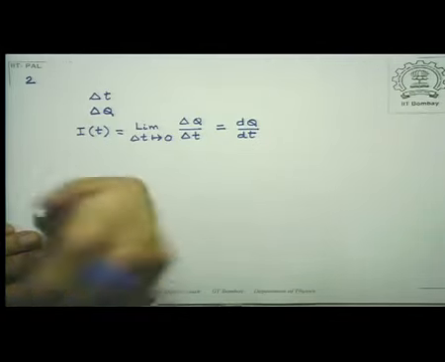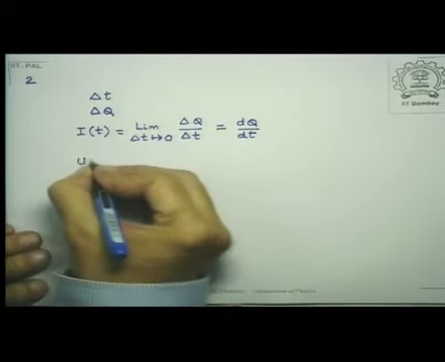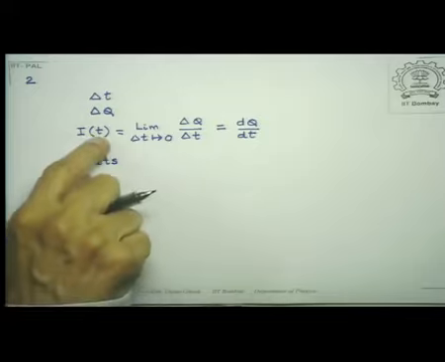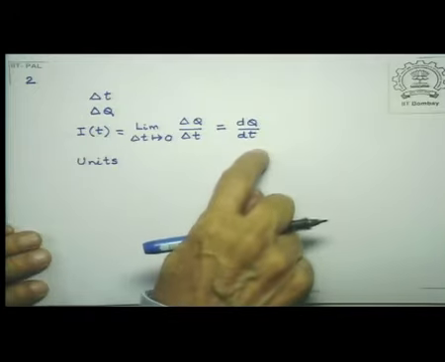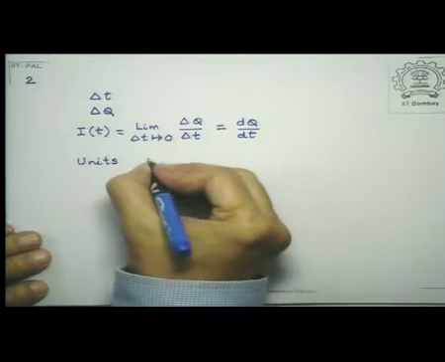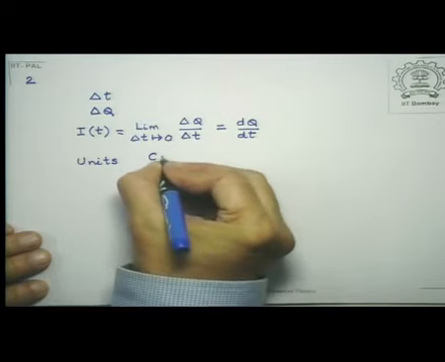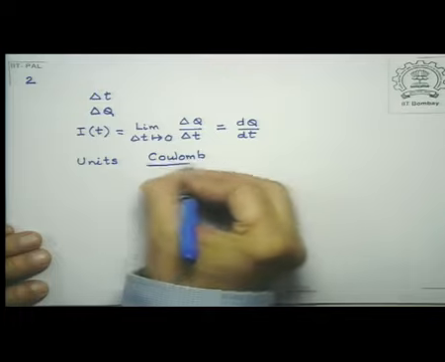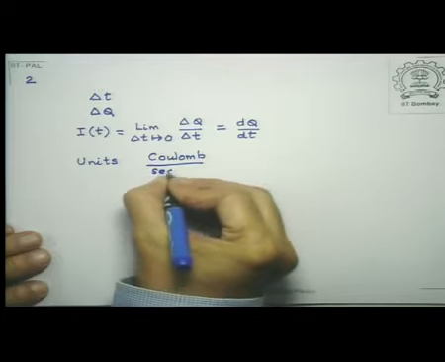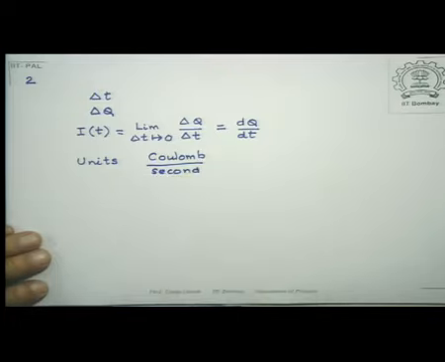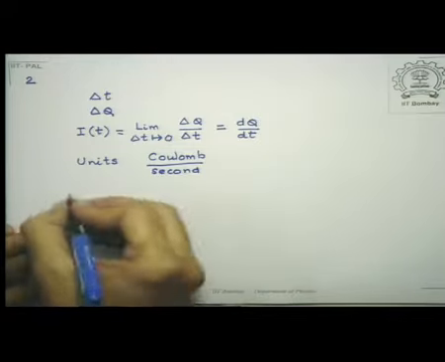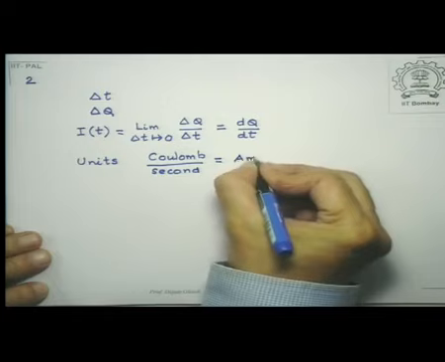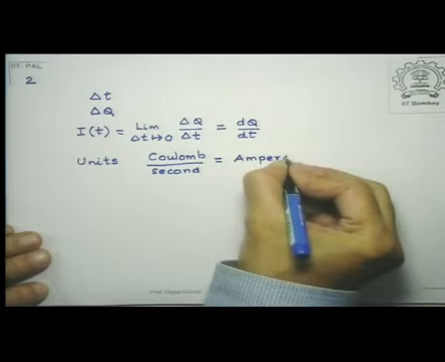Let us look at what are the units of current. Note that current is defined as charge divided by time. So, therefore, obviously the unit that I expect is coulomb per second. This is given a name, ampere.